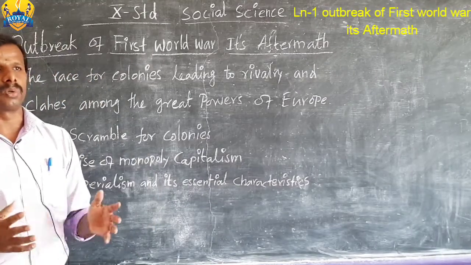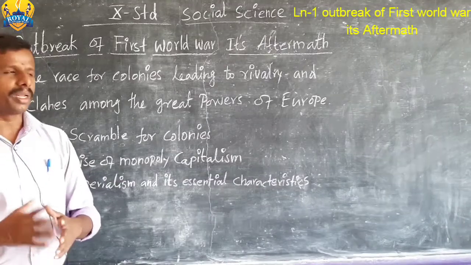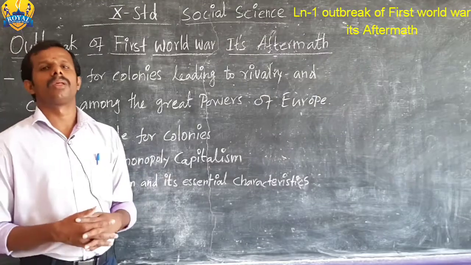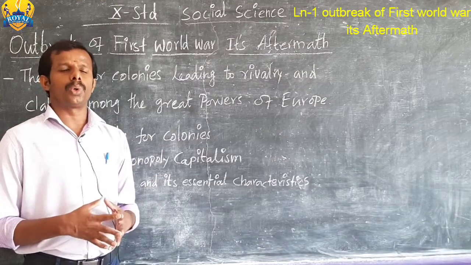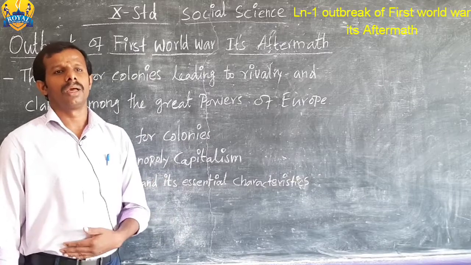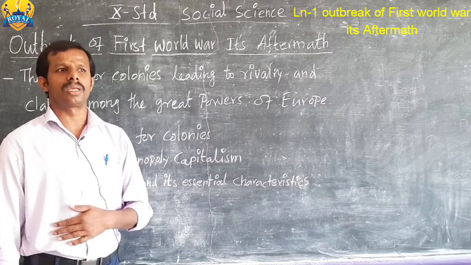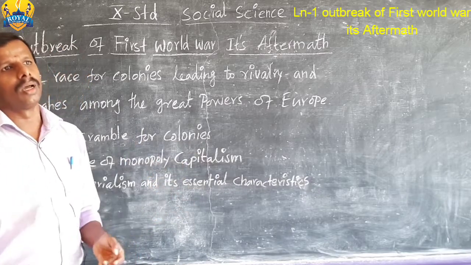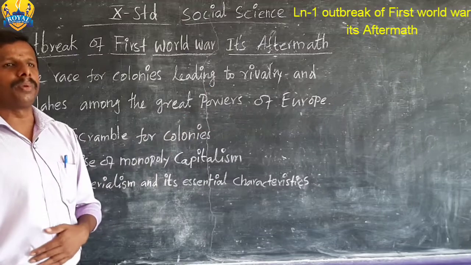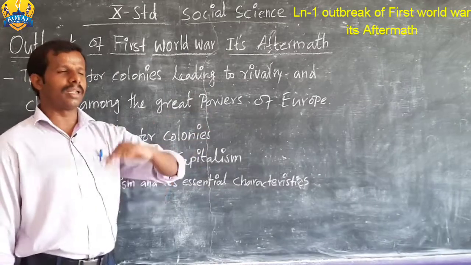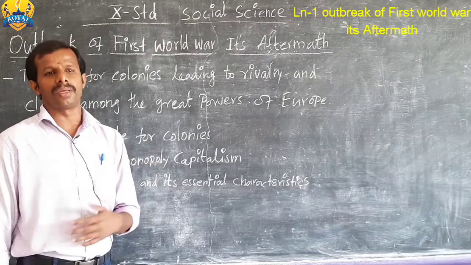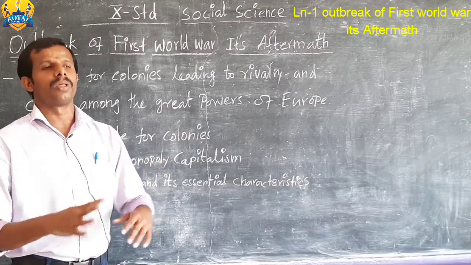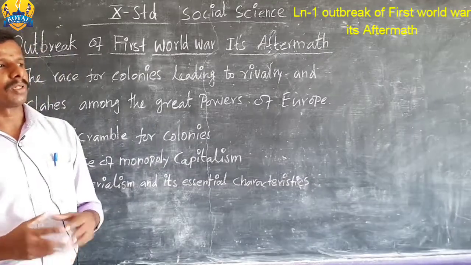In the same way, the German emperor felt that Germany alone was able to rule the whole world. The British imperialists were saying, the sun never sets on the British Empire. These are the most important facts. This war of words also caused the First World War.